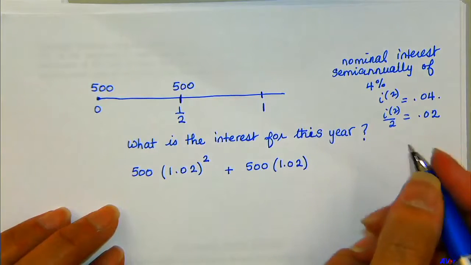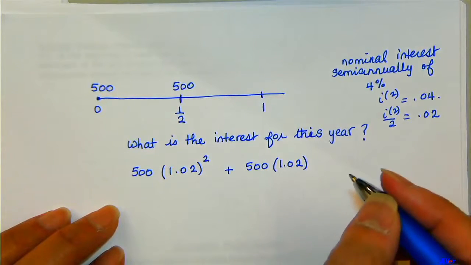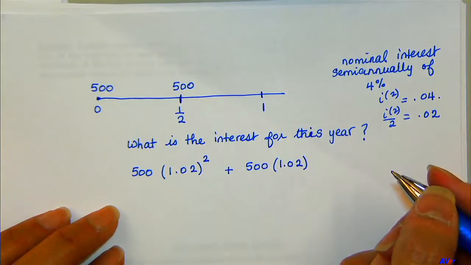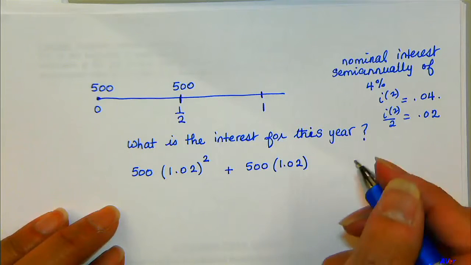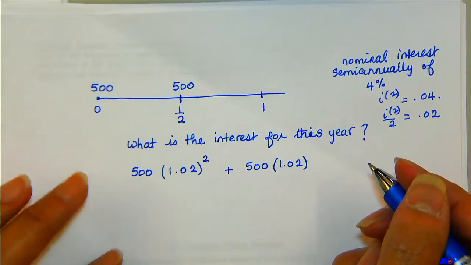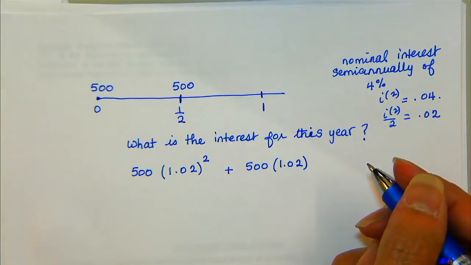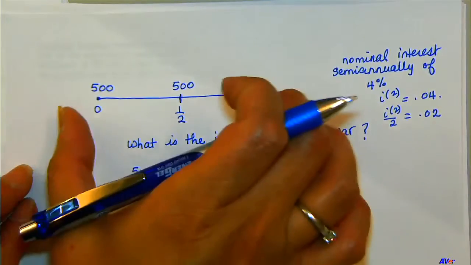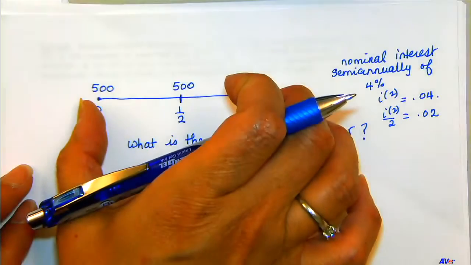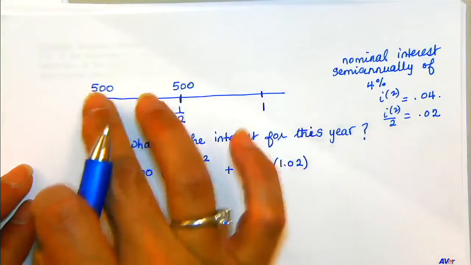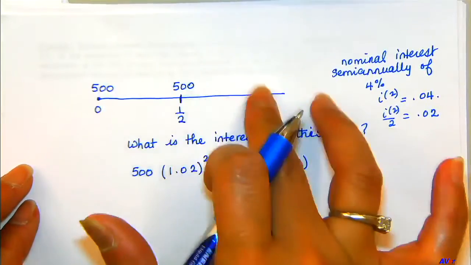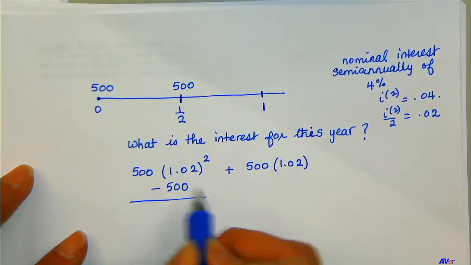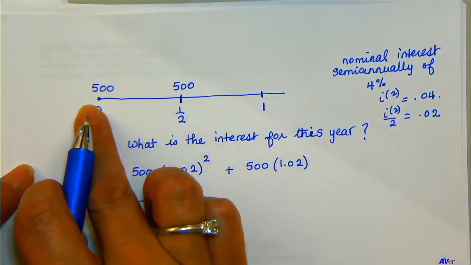I only want the interest. Wouldn't the interest just be, we need to factor out the 500 from that total? Hmm. Can I look at them individually? What is the interest on this 500? Can I say 500 times 1.02 to the second power minus 500? That would be the interest on this money.